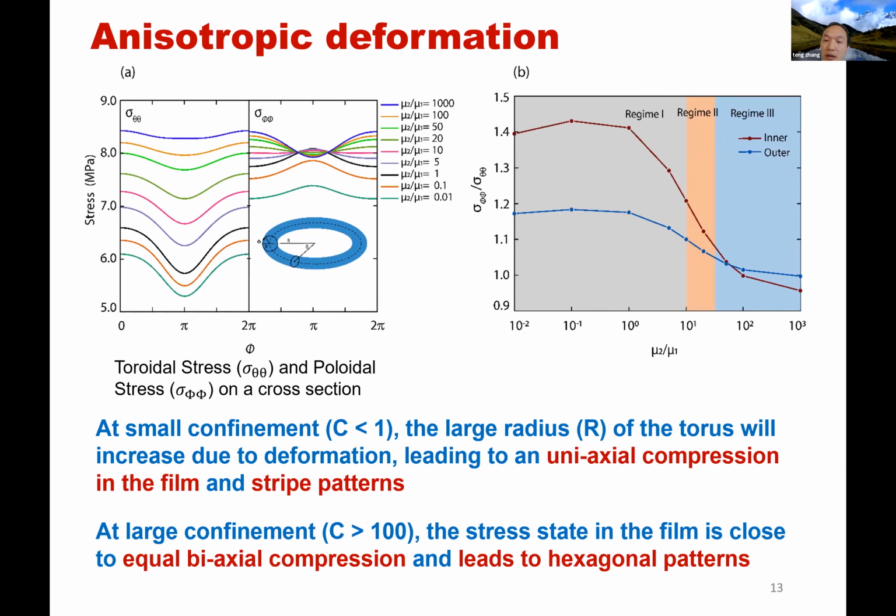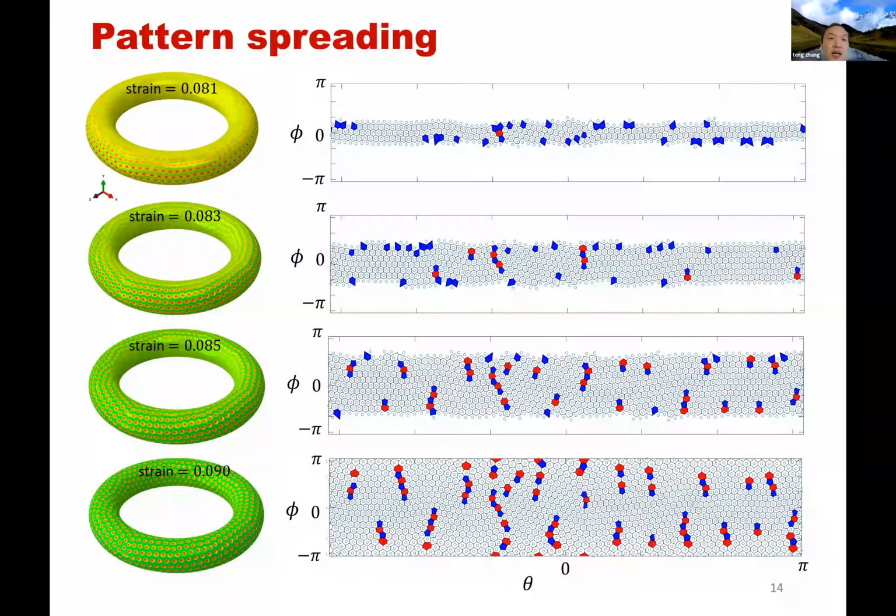This is already in our paper, so if you are interested, you can read the paper. I wanted to highlight this slide because I mentioned the propagation. In the first slide, I said that in biology, in the chicken embryo, people observe the spreading of pattern. In our mechanical system, we can also see similar behavior.